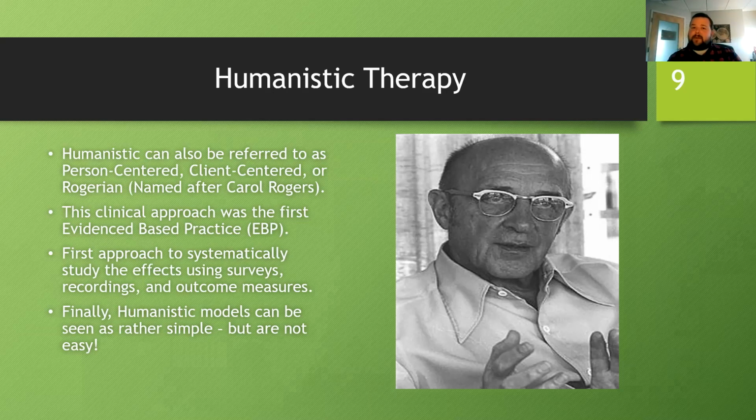So there's the Gloria tapes, there's the Gloria tapes 2. If you go to Saybrook University's YouTube channel, there are numerous videos of Carl Rogers working with various different clients using this model. Again, he recorded sessions, either tape recorder, they did outcome measures. This is a highly studied theory.